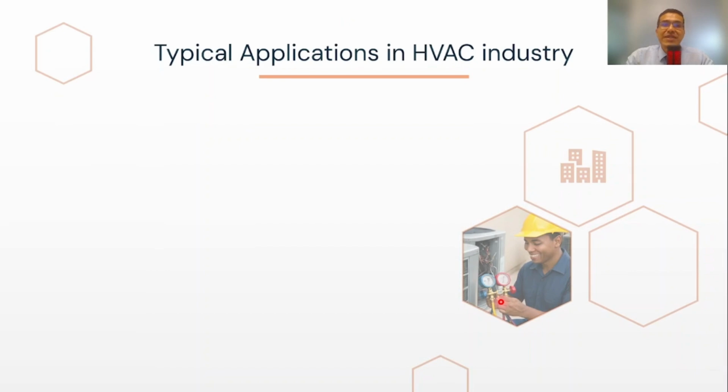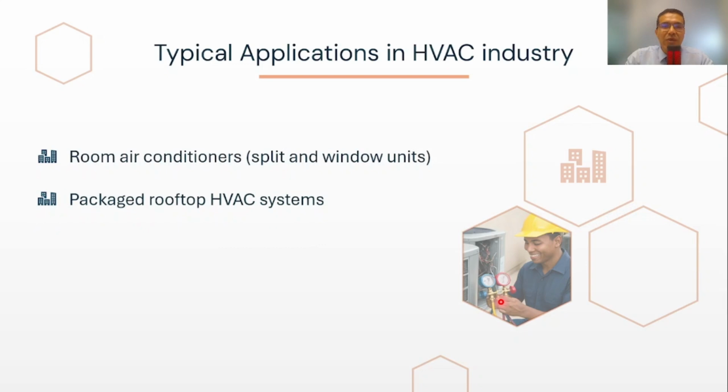Vapor compression systems are found in room air conditioners, including both split and window units. These are common in residential and small commercial applications. They also power packaged rooftop HVAC systems, which are often used to serve large open plan spaces in commercial buildings.